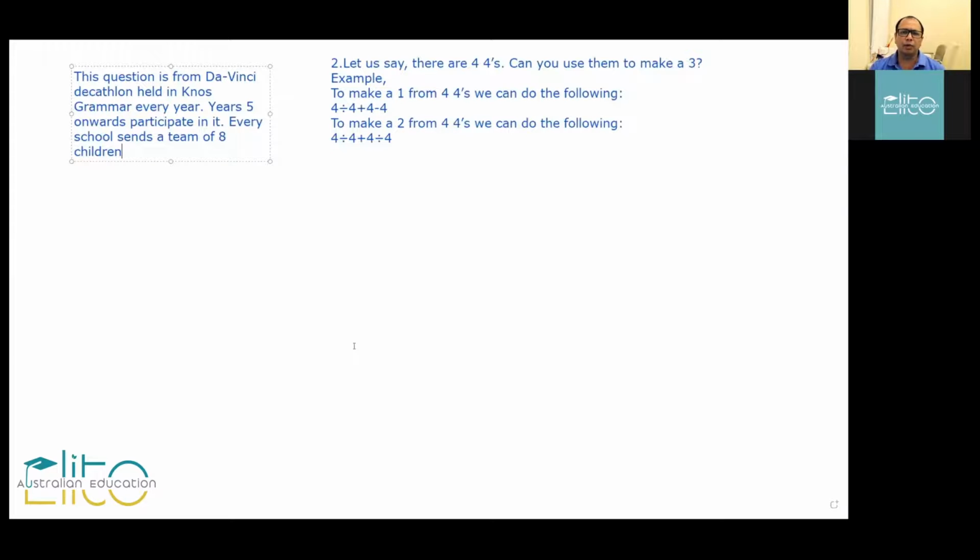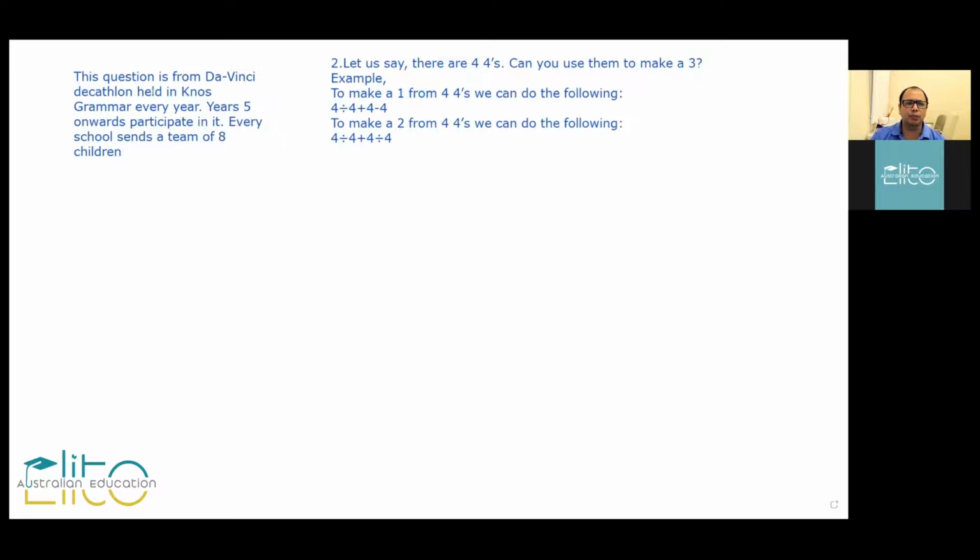The reason I know about this question is that my daughter was in her school's team and I have just put a snapshot of the question. The actual question was using the 4 fours to make the numbers 1 to 100. It's a beautiful question.